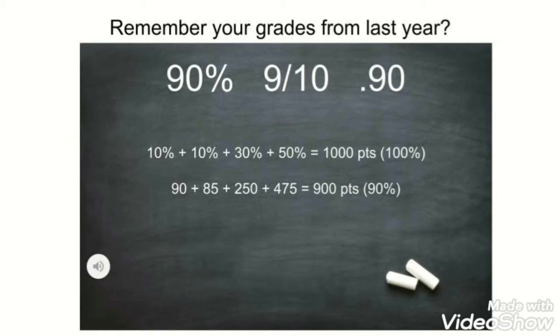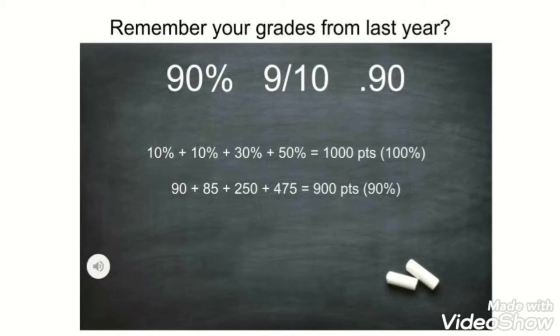Okay. Let's say your teacher broke down your grades in these four little parts. 50% was your final grade, and you had a total of 500 points possible. 5 tests, one test, 500 points, and that's worth 50% of your grade.